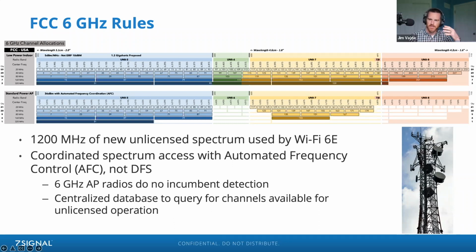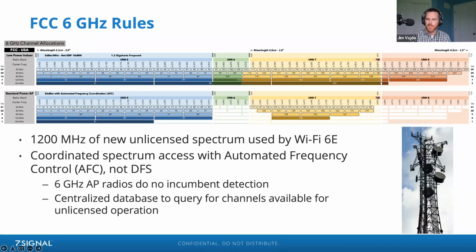And the AFC will do some advanced RF modeling and tell them, okay, here's the channels you can use. And then off we go, and we'll start using those channels. So we don't have the issue of false positives with DFS, or just, middle of a busy day, suddenly the AP changes channel because of a sudden radar detect that you haven't seen in 6 months, but now it's everywhere. Those issues are gone, and that's really awesome.